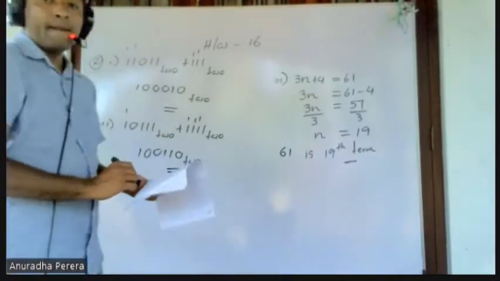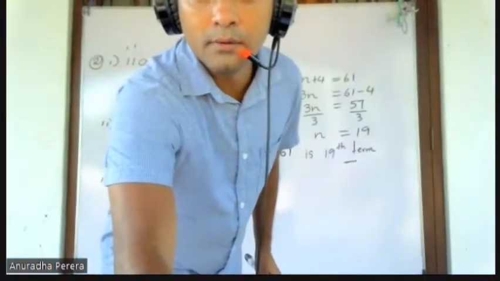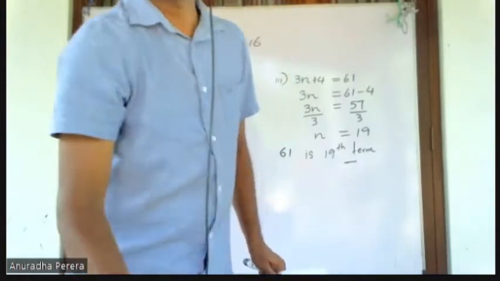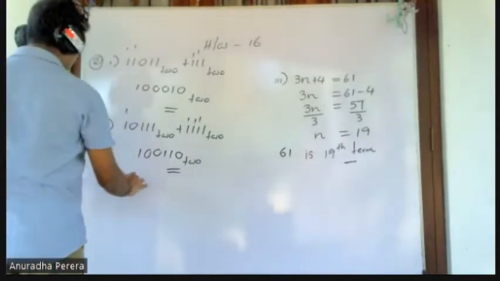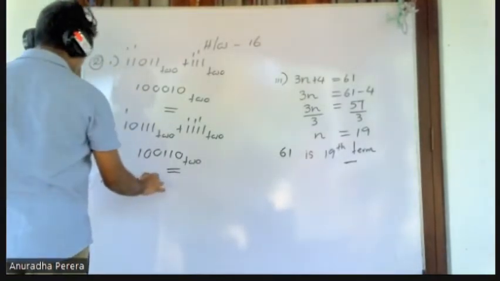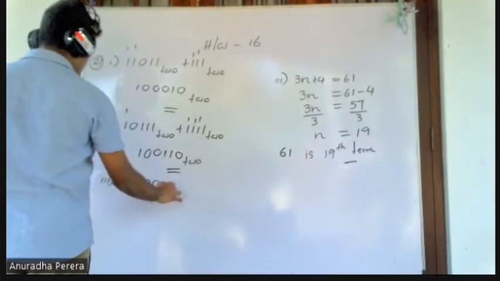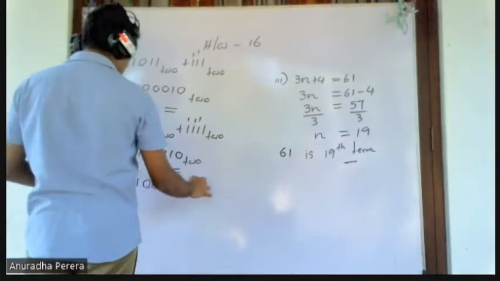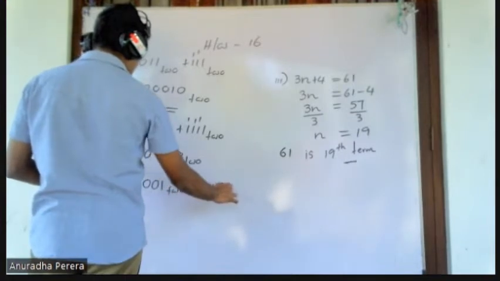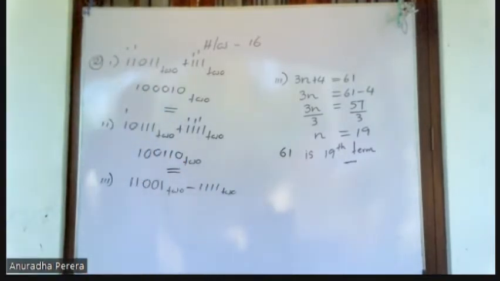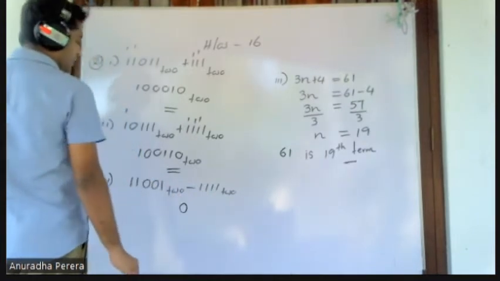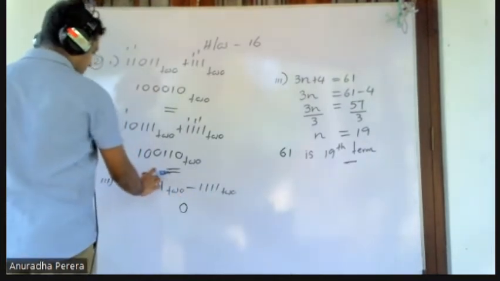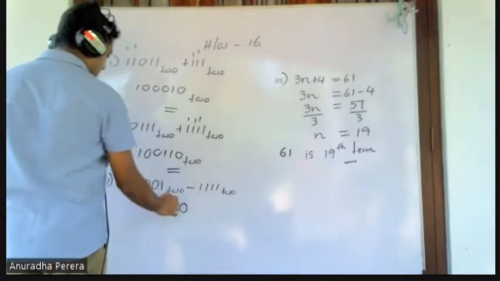Third question. 11001 minus 1111. A subtraction. 1 minus 1 0. You can't subtract 1 from 0, take 1. 10 minus 1, 1.